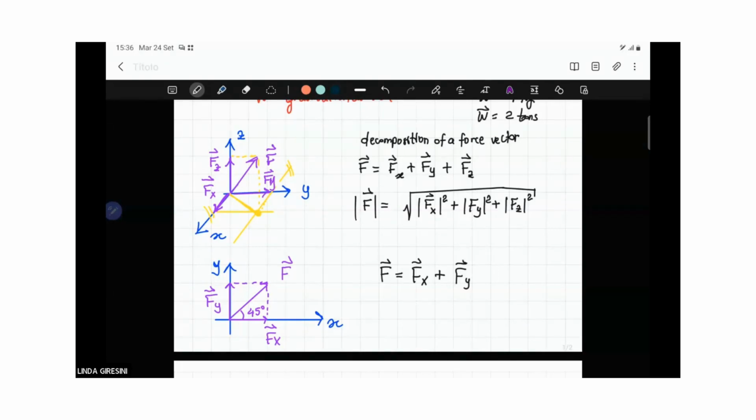Let's assume that this is given, that the magnitude of Fx is equal to the magnitude of Fy, and it is equal to 2 kilonewtons.